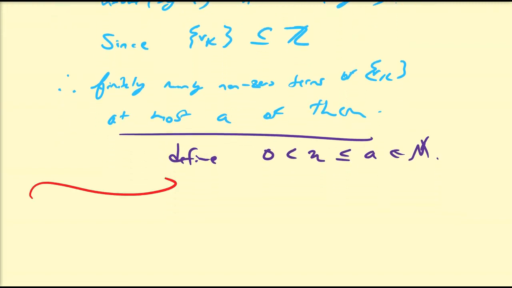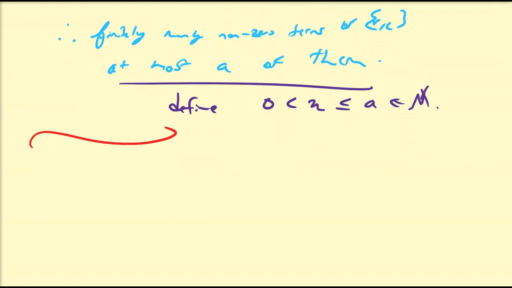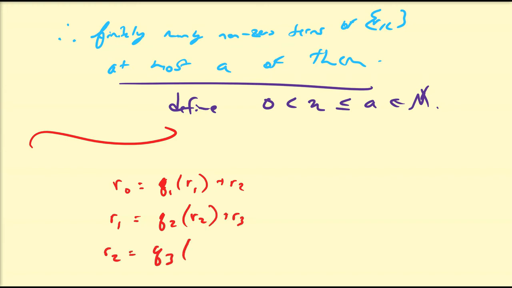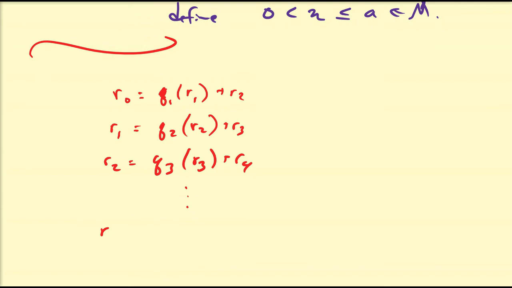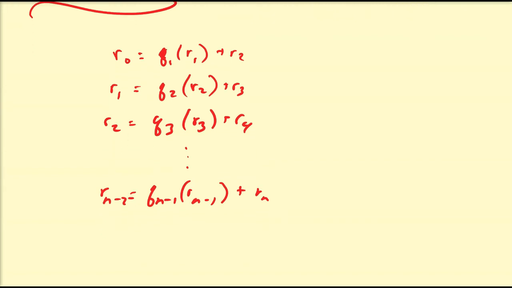All right, so let's recap our Euclidean algorithm. So if R0 is equal to Q1 R1 plus R2, R1 equals Q2 R2 plus R3. R2 is equal to Q3 R3 plus R4. And then this continues on to Rn minus 2 is equal to Qn minus 1 Rn minus 1 plus Rn, right?